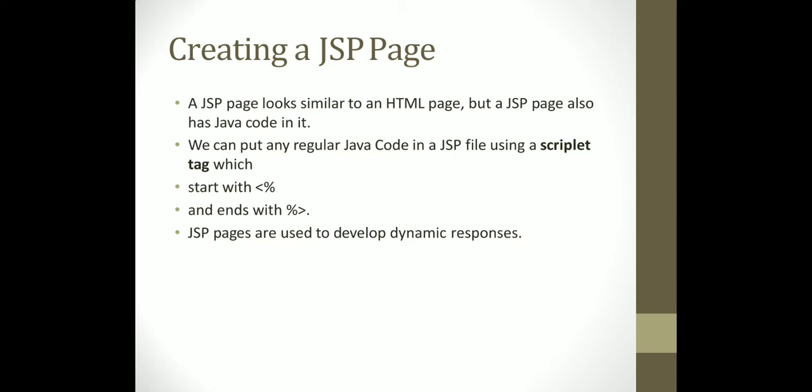We can put any regular Java code in a JSP file using the scriptlet tag, which starts with an opening angle bracket and percent sign, and ends with a percent sign and closing angle bracket. This is the syntax of your JSP page, and JSP pages are used to develop dynamic responses.